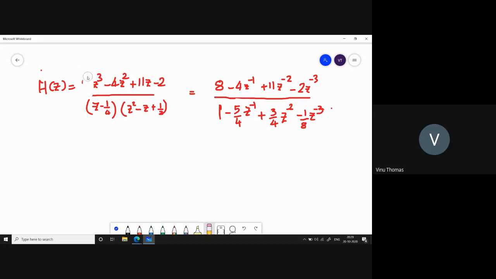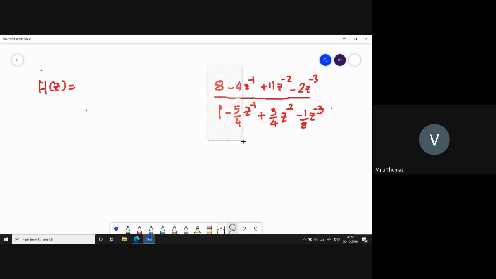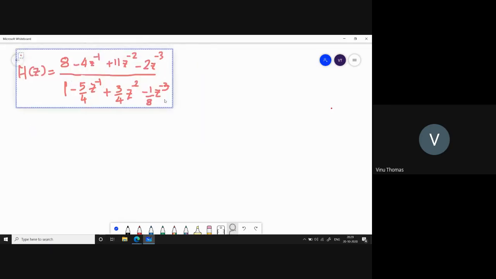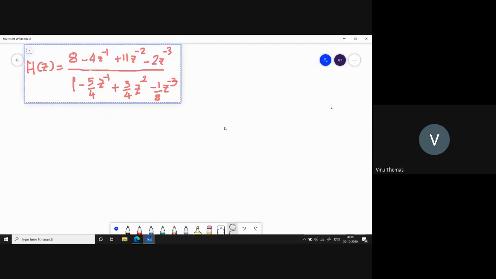So now let us implement this structure. There is a very easy method. If this transfer function is completely written out like this, as a ratio of polynomials in z raised to -1, then you can draw the structure like this.